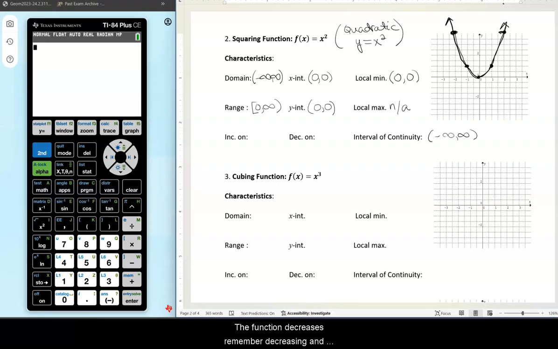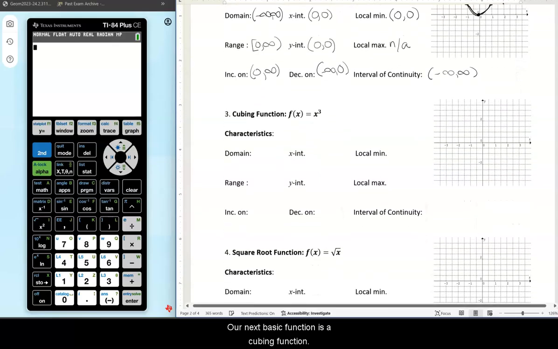The function decreases. Remember, decreasing and increasing comes from left to right. So the function decreases from negative infinity down to 0. And then it starts increasing, starts moving up and to the right from 0 to infinity.